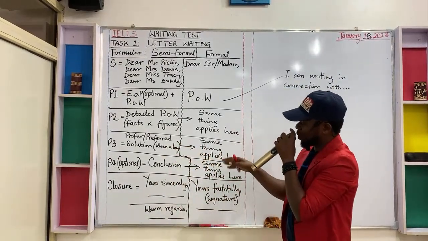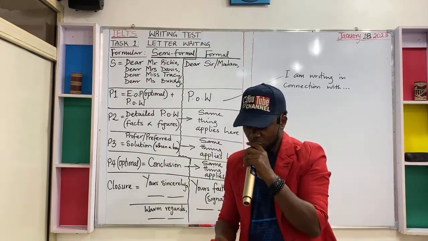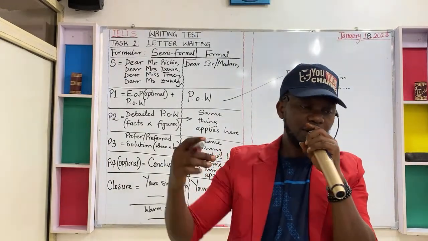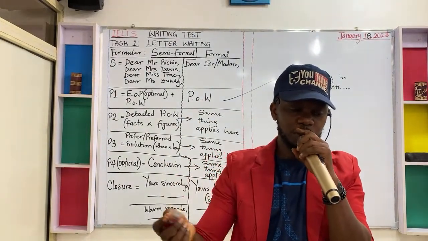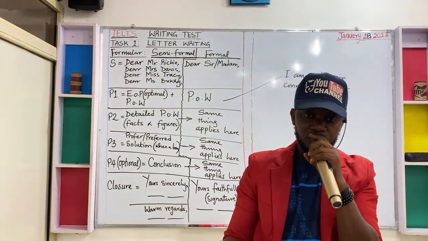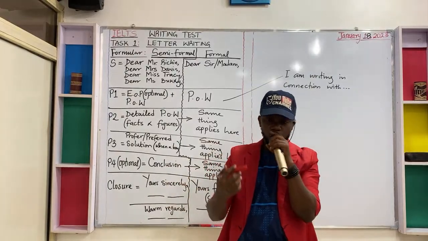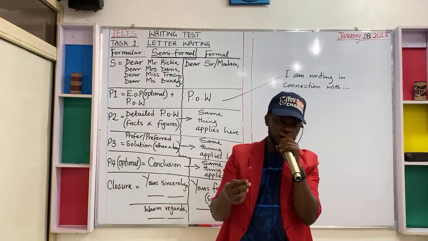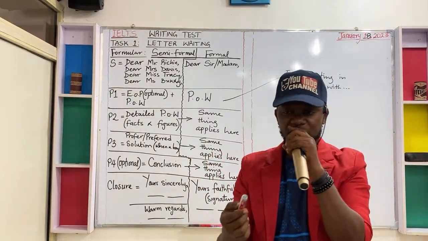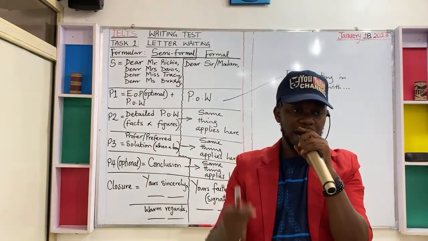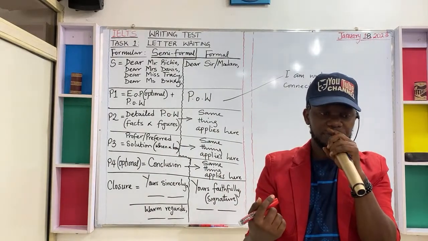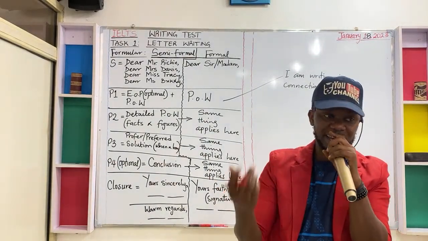Now for the formal letter, what solution will you bring in? You want to talk about the fact that you have actually done so and so in your previous offices, the previous places you've worked. You have done them successfully. So if I'm given the opportunity to work with you, I am also giving you that within the first 3 to 4 months, I would achieve so and so and turn the returns you've been recording over the years around because of my expertise.